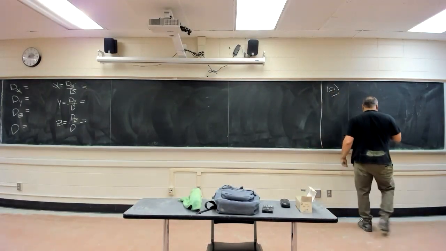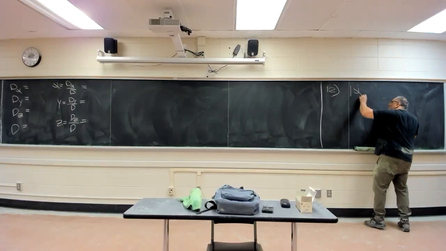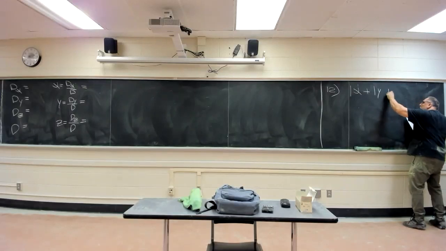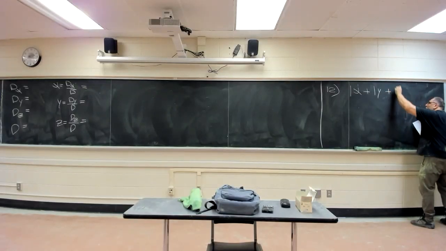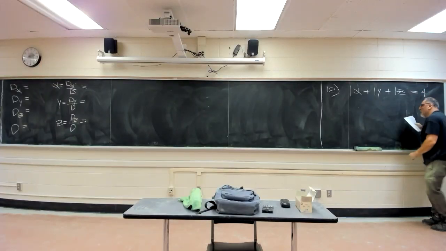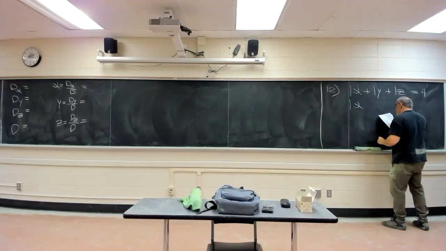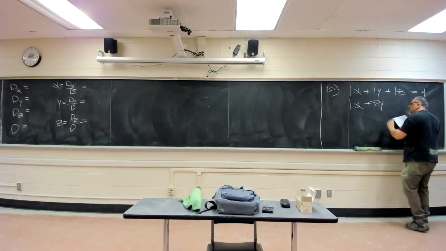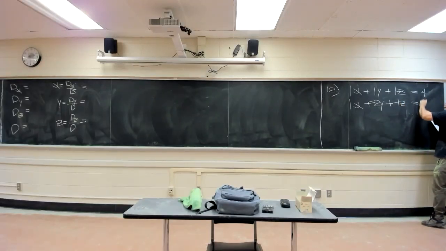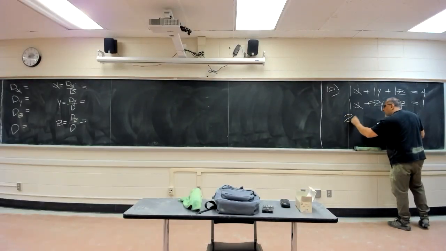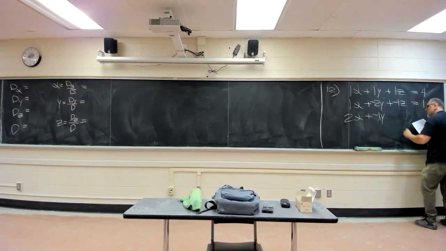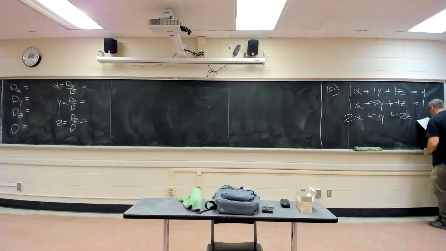That's essentially the argument, you guys. You're looking at 1x plus 1y plus 1z equals 2, one x plus negative 2y plus negative 1z equals 1, 2x plus negative 1y plus negative 2z.